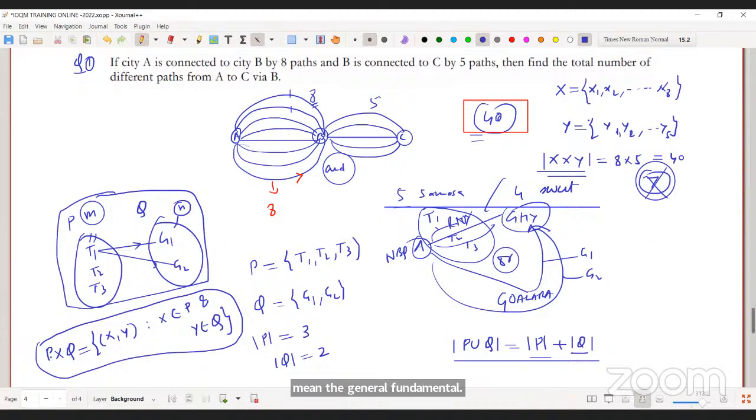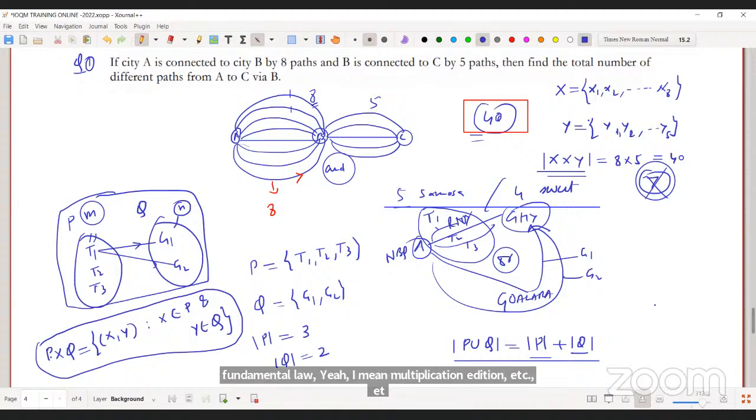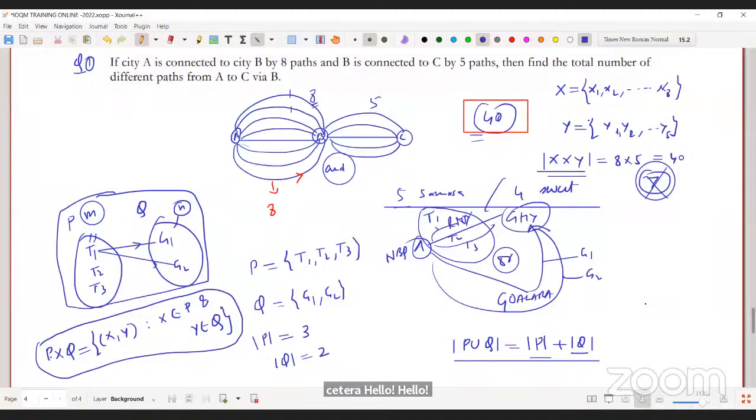Later on, when we'll be using combinatorial problems, many times we'll be using this set theoretical approach, using the fundamental laws of inclusion-exclusion principle and the fundamental law of multiplication, addition, etc.